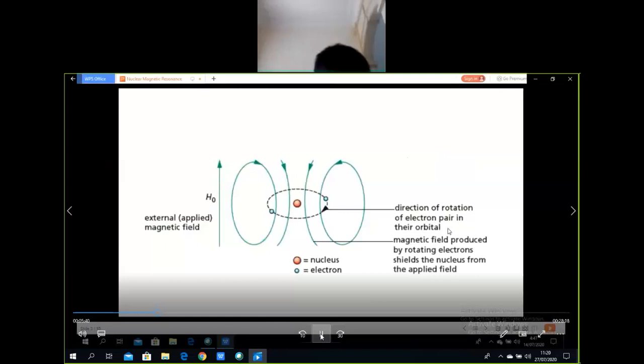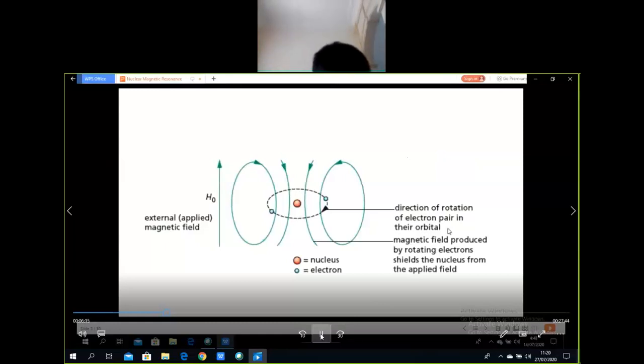Nucleons have spin. As we know, there is a spinning, and this spinning will create a magnetic field that can be analyzed. This is like the process in MRI, analyzing organic molecules.